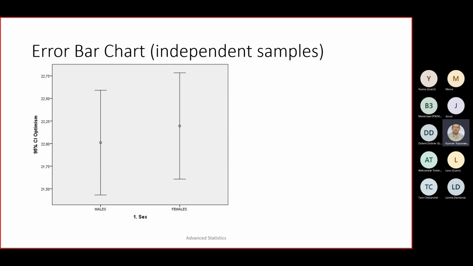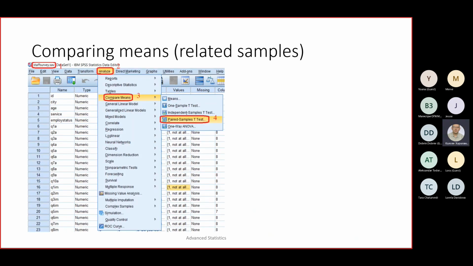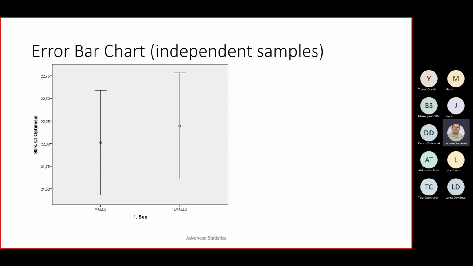But samples could be dependent or related or repeated. And in psychology, we have related or repeated samples when we test the same persons twice. Usually, we do this when we perform experimental research.